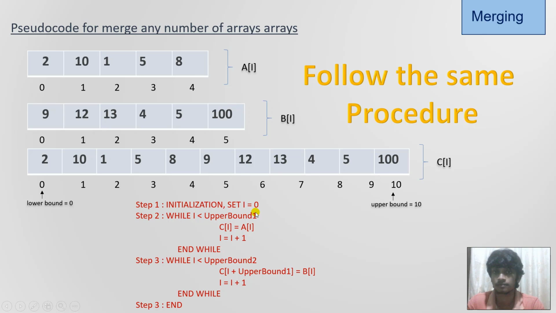But as you can see, this process is not efficient, because if you have, let's say, hundreds of thousands of arrays in your program, there will be hundreds of thousands of loops. It will seriously affect the efficiency of the program, which is not good.